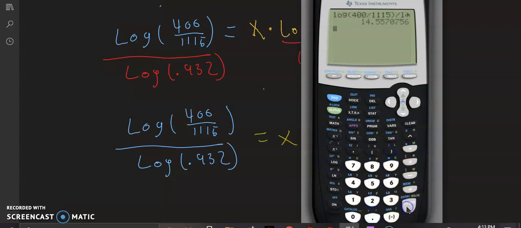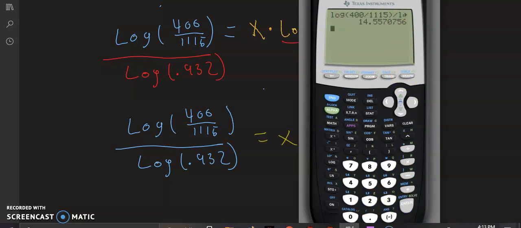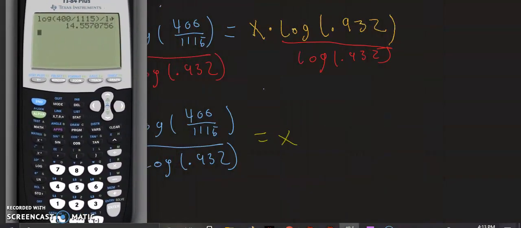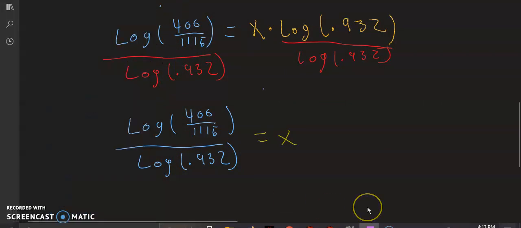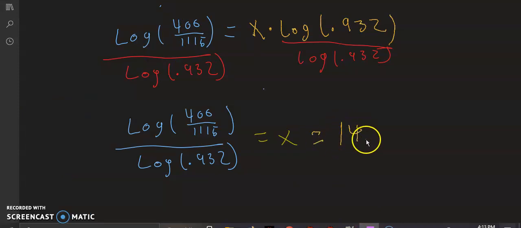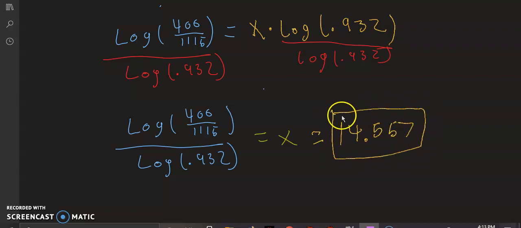And then what we get in our calculator is something interesting. 14.5570756. So we're going to round this to the thousandths place, so it'll be 14.557. And that is our answer for the logarithm.